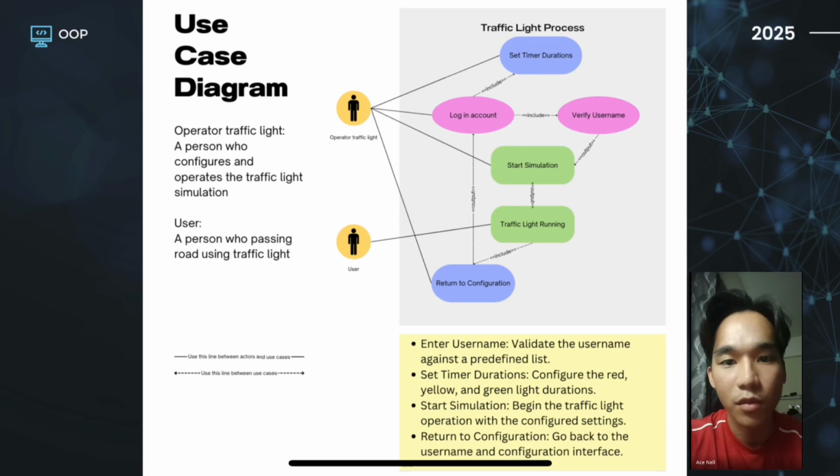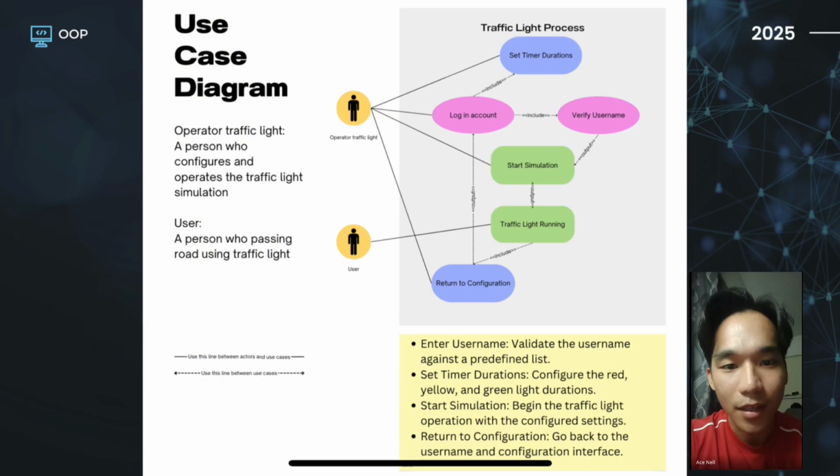The simulation will be running, and the user, the person who is passing the road, will use the traffic light by the timer duration that is given.